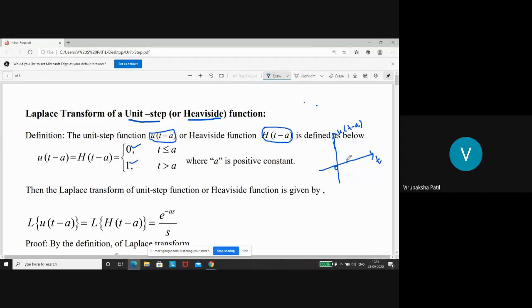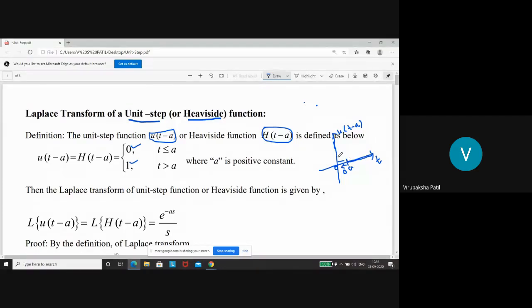Because a is positive, we mark it on the positive side. This is a. In this part, t is less than a, so the function takes the value 0. After that, up to infinity, t is strictly greater than a.